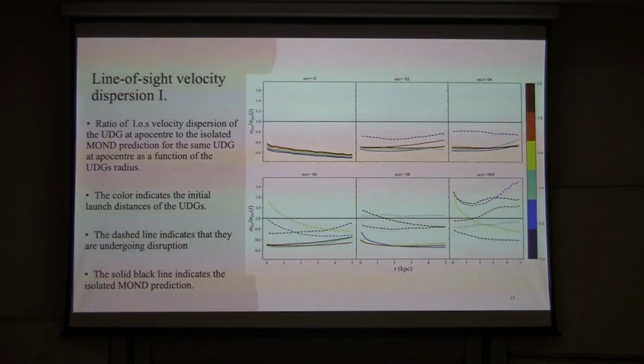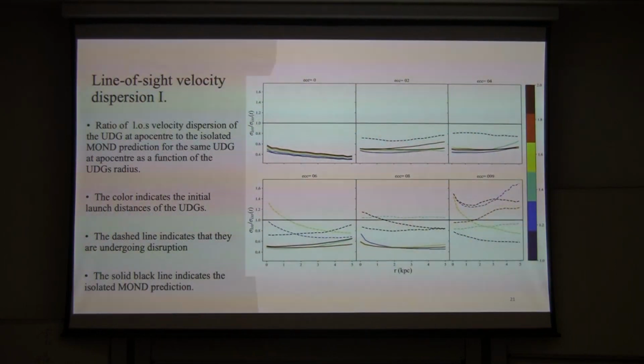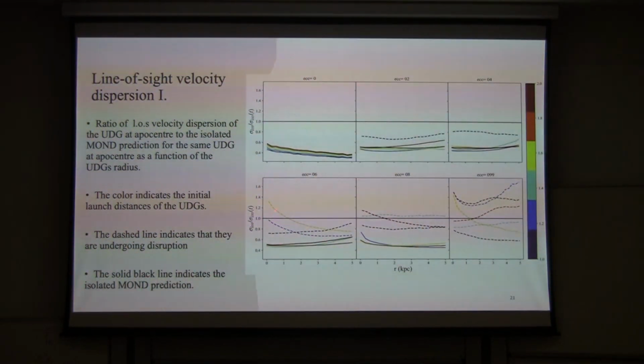All of them are under disruption and reaching isolated MOND prediction values. I would say we can actually consider six cases from here: 1, 2, 3, 4, 5, 6. Now, in order to reach the isolated MOND prediction, they have to be undergoing disruption. The question is what the extent of disruption is.